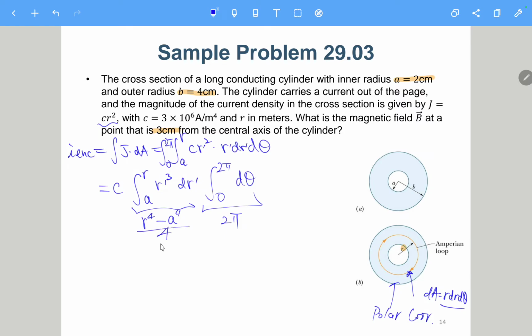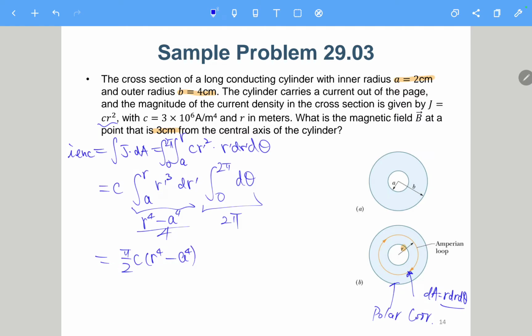This is just the integration of a polynomial, so r cubed becomes r to the 4th over 4. Finally this is pi over 2, and then C times r to the fourth power minus a to the fourth power.